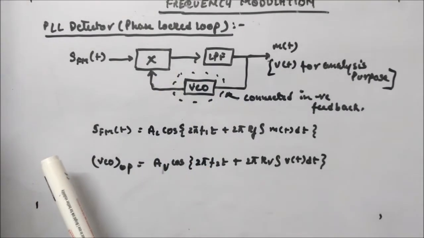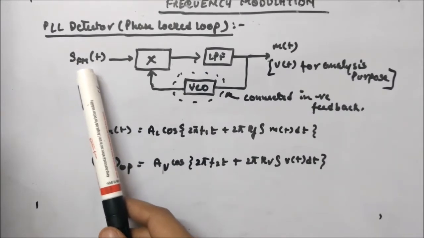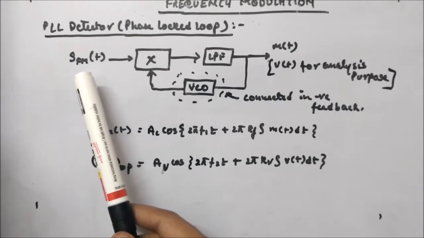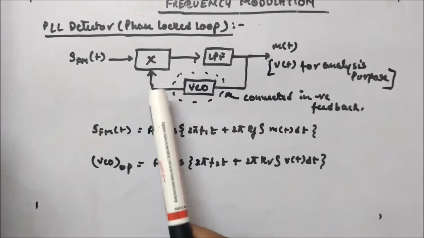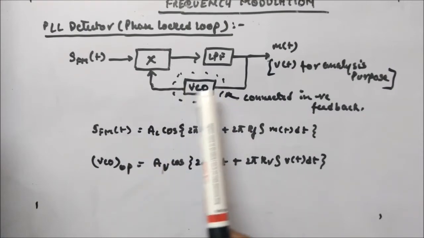Now, since the frequency of this FM signal changes continuously with respect to the message signal voltage variation, to maintain frequency synchronization, we replace the local oscillator of the synchronous detector with a VCO. You can think of it that way.